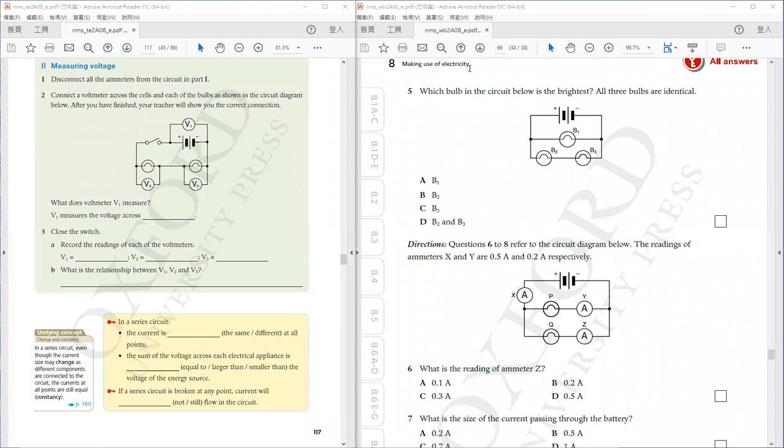Question 5. Which light bulb in the circuit below is the brightest? So all 3 bulbs are identical. Okay.